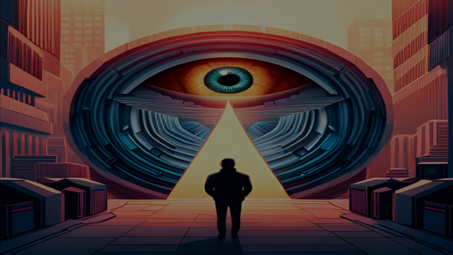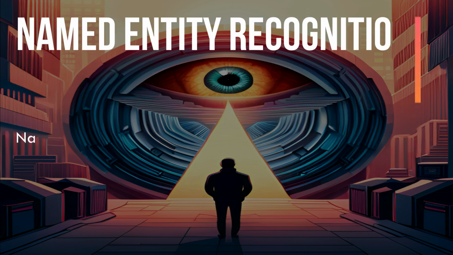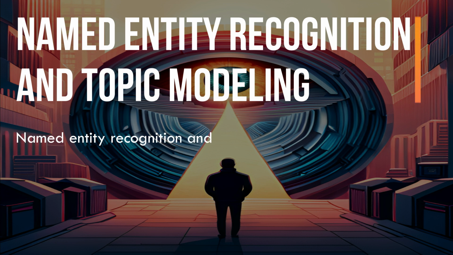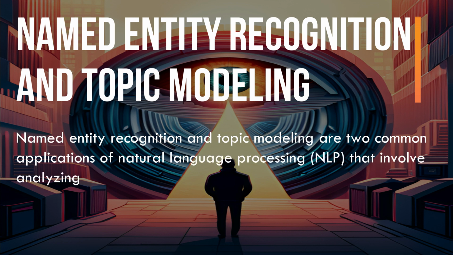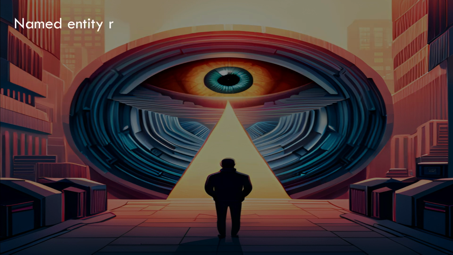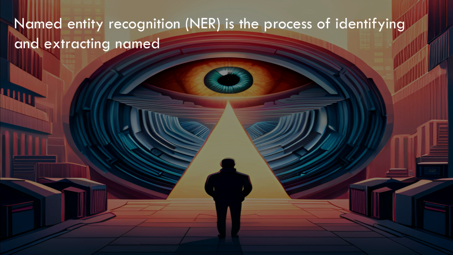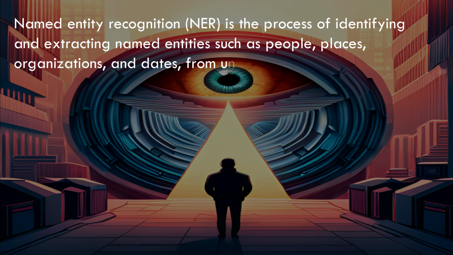Named entity recognition and topic modeling. Named entity recognition and topic modeling are two common applications of natural language processing, NLP, that involve analyzing text data to extract useful information. Named entity recognition, NER, is the process of identifying and extracting named entities such as people, places, organizations, and dates from unstructured text data.